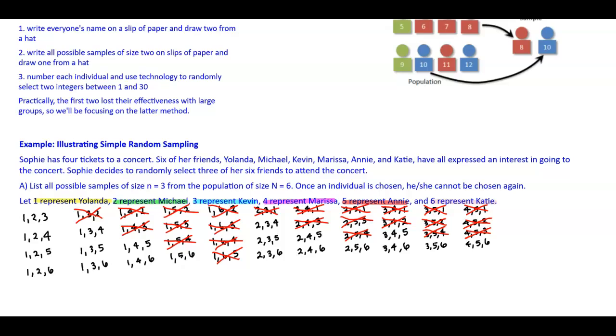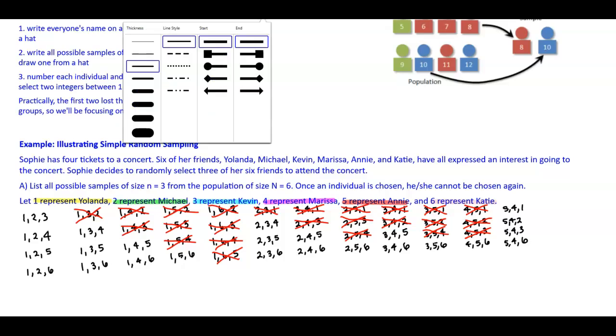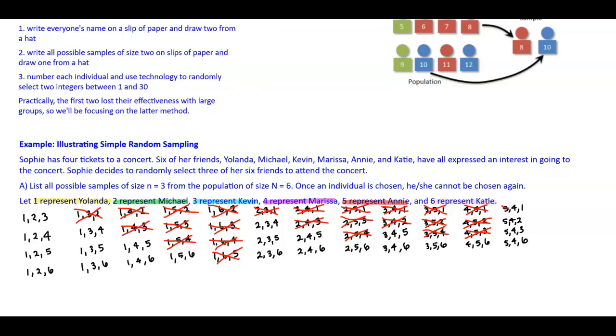Okay, next, if we do 5, 4, and then 1, 5, 4, 2, 5, 4, 3, and 5, 4, 6. Okay, all of those have been repeated.